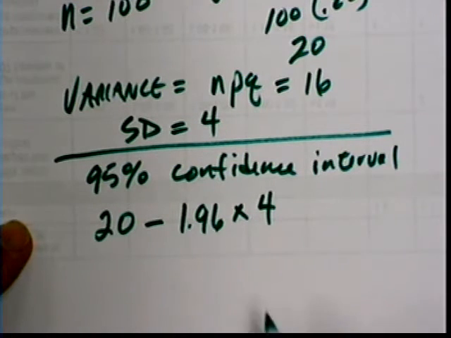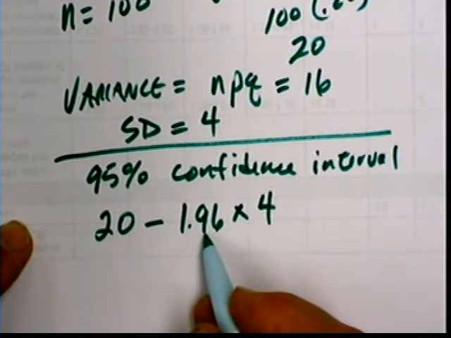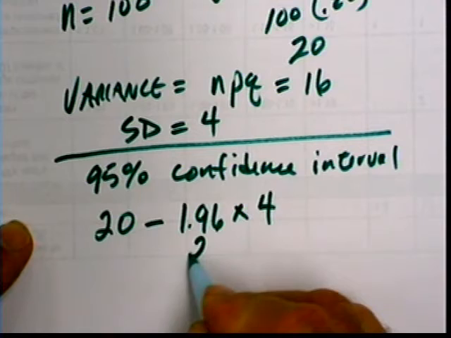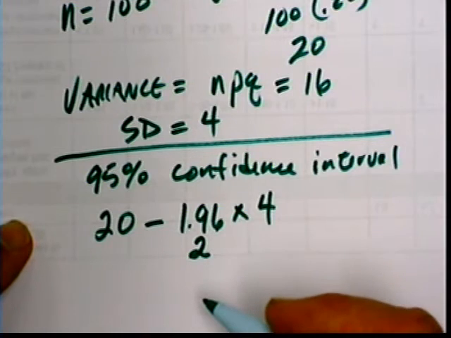Now, a lot of times this number 1.96 will just be rounded off to 2. So to make the calculations a little bit easier, we'll just go ahead and do that at this point. There's not much difference between the 1.96 and the 2 statistically.